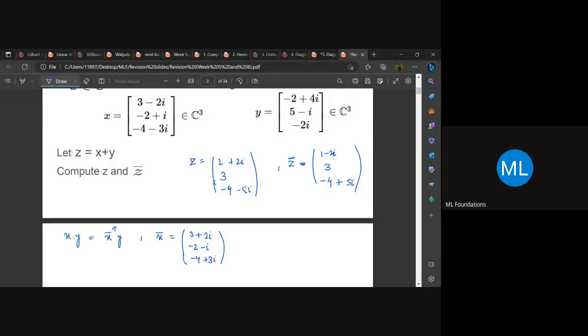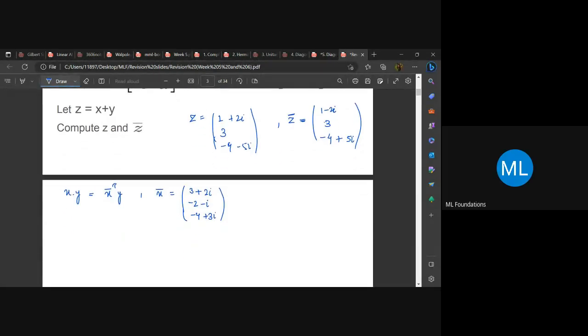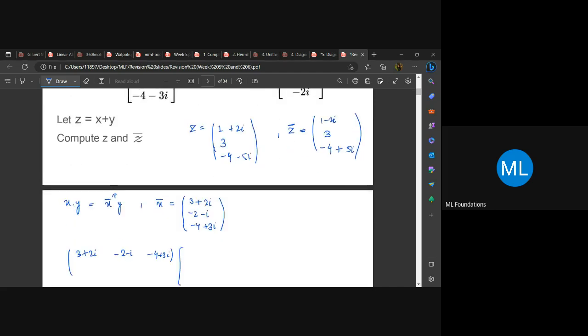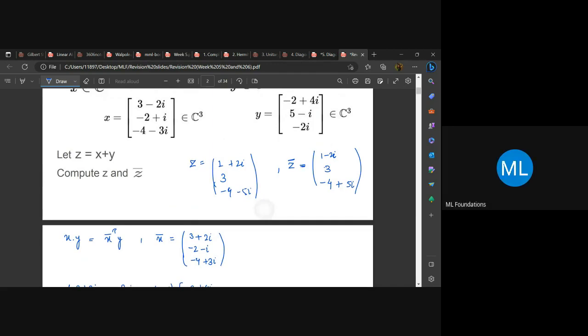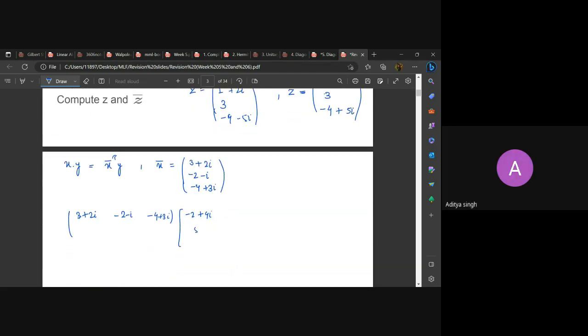Okay. So x bar is this. Now you do x bar transpose. So x bar transpose y, right? So you have 3 plus 2i, minus 2 minus i, minus 4 plus 3i. Then you have y. What is y? Minus 2 plus 4i, 5 minus i, minus 2i, right?